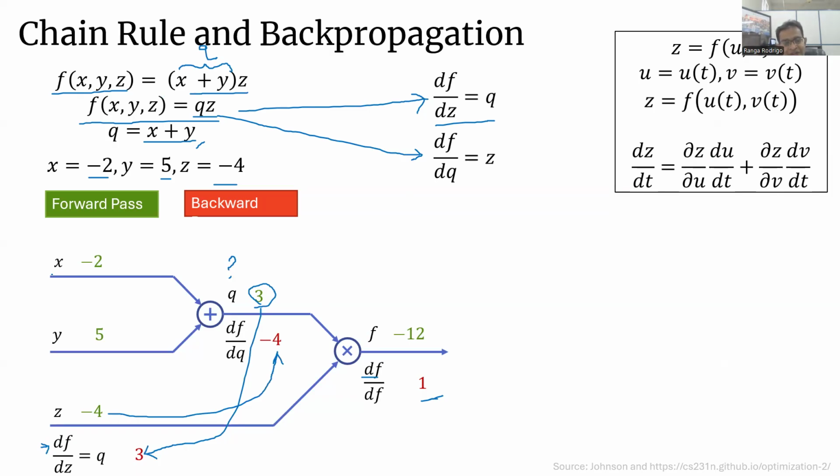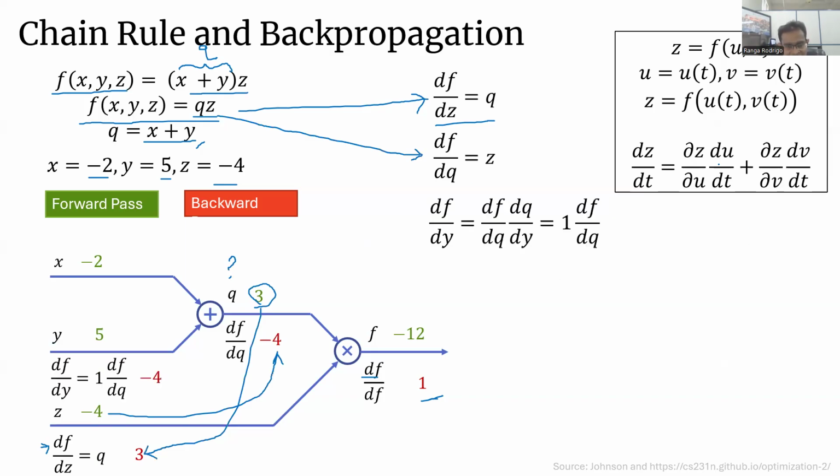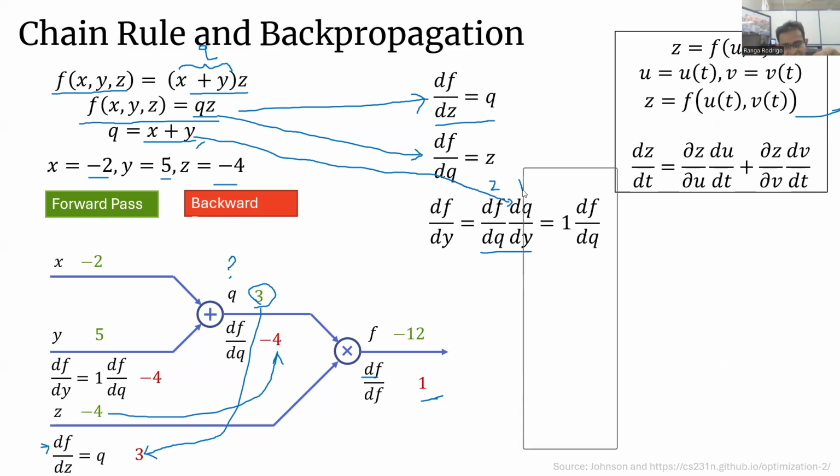Now we need to find it with respect to x and y. So df by dy, we know is df by dq times dq by dy, right? That's the chain rule. df by dq, we already know it's z. dq by dy is from this equation, it is actually 1. So you can see it's 1 times df by dq.